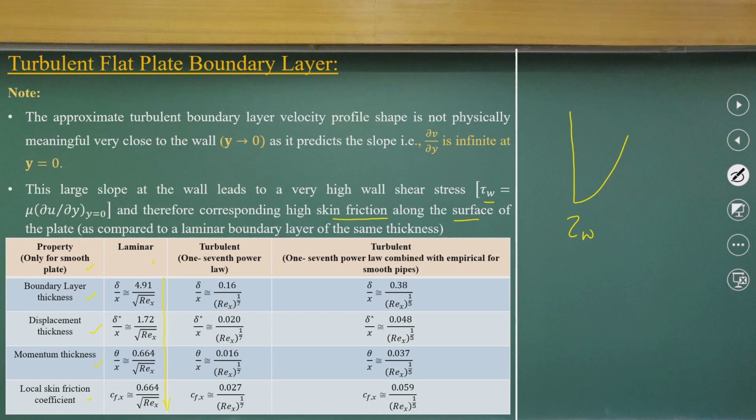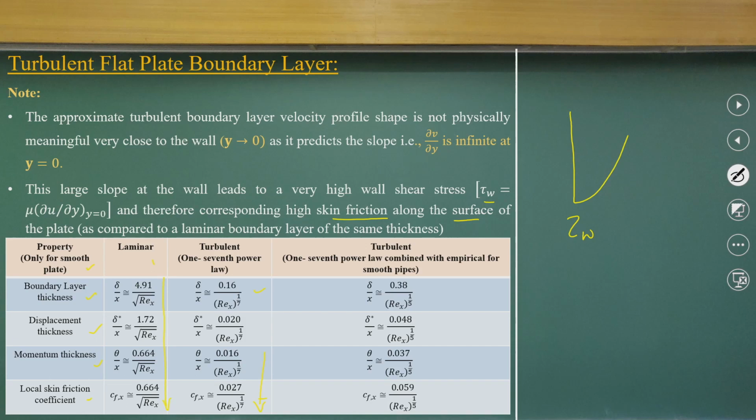If you look at the turbulent flow, you can see that the boundary layer thickness is quite less as compared to the laminar boundary layer, but the value of the local skin friction factor or the momentum thickness is much larger. This is what you can understand from this.